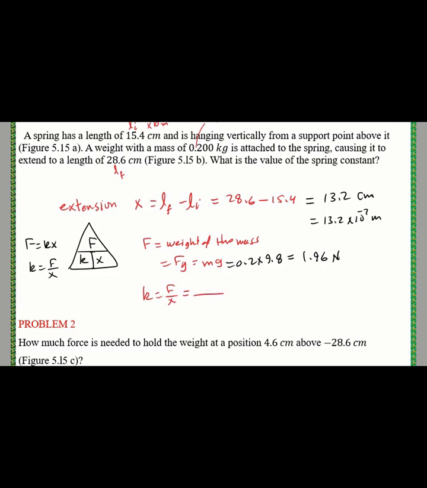The force is 1.96, and x is 13.2 times 10 to the minus 2. The answer will be 14.8. The unit is very important: newton per meter.